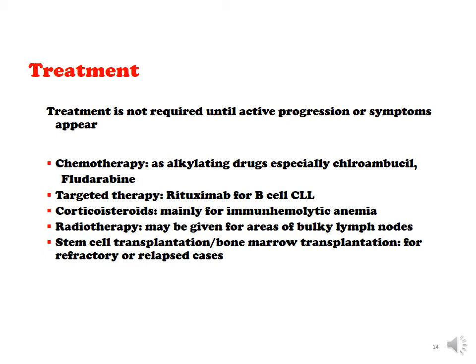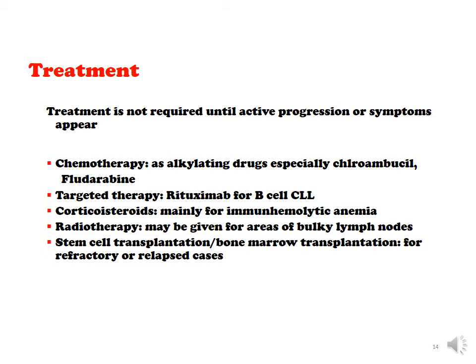For sure, we are going to give the patient chemotherapy, such as alkylating agents. We could start with chlorambucil, which is the less aggressive chemotherapy and might be tolerated by older patients, or fludarabine, which is a more aggressive therapy for the younger, more fit ones.